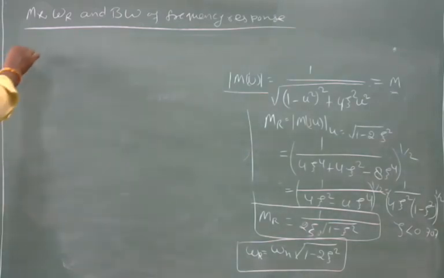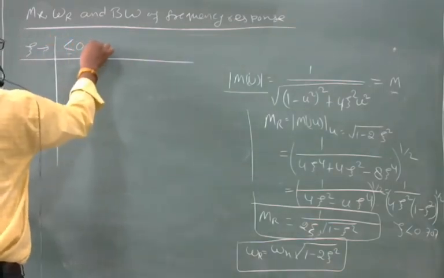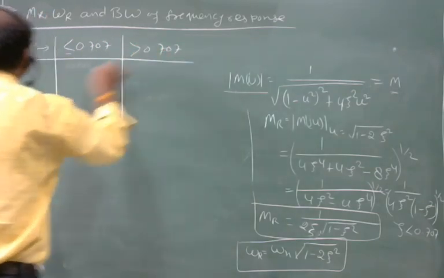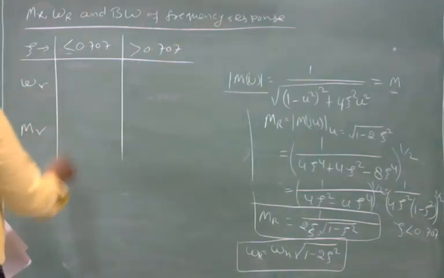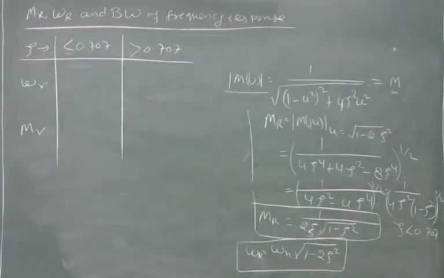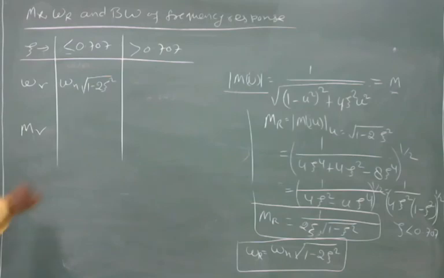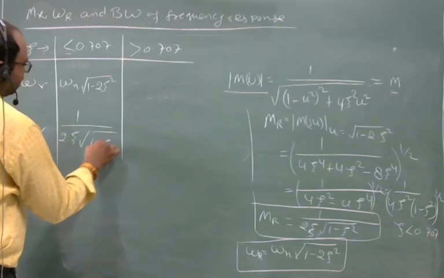So we can make a table here. Zeta less than or equal to 0.707 and zeta greater than 0.707, omega r and Mr. For zeta less than or equal to 0.707, omega r is equal to omega n under root 1 minus 2 zeta square, and Mr is 1 by 2 zeta under root 1 minus zeta square.